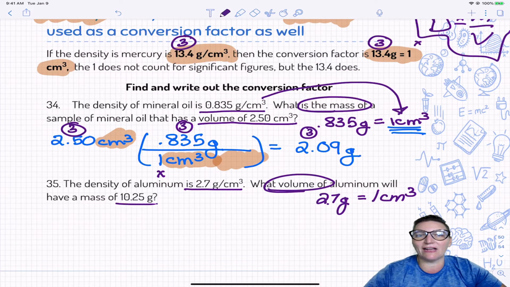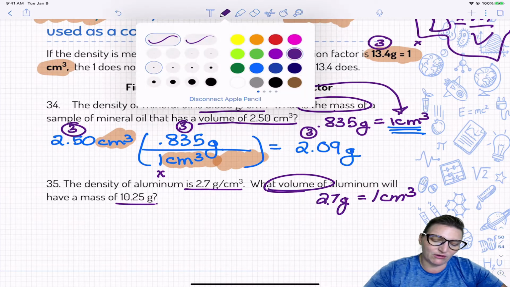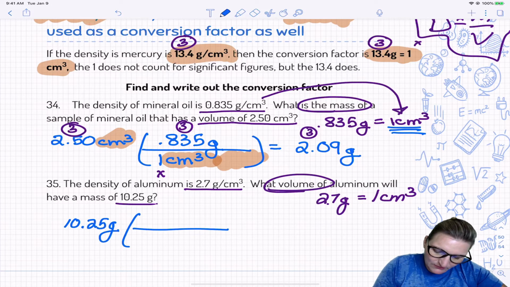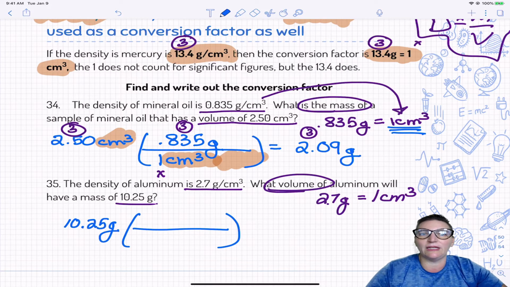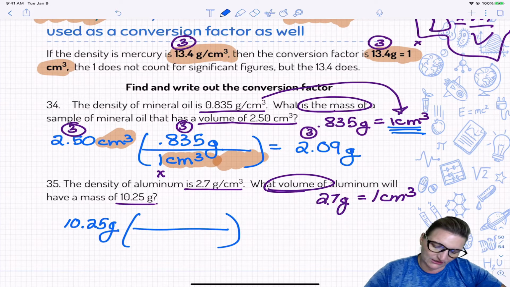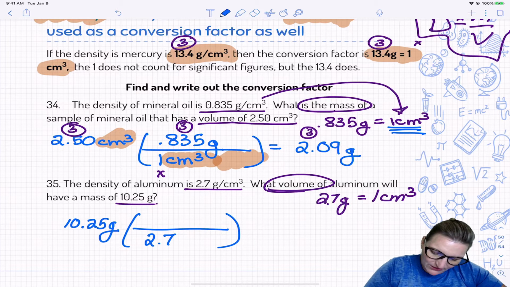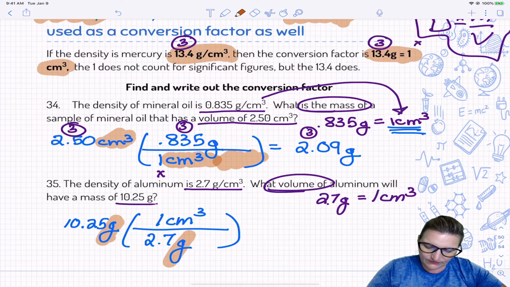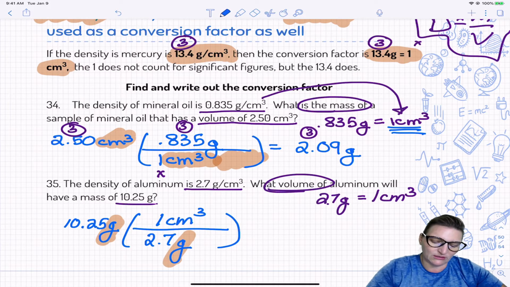So I take my fractional unit and split it out into a conversion factor that looks like my typical conversion factors. 10.25 grams goes out front. I make a parenthesis. I put my conversion factor in so that the units cancel out. So 2.7 grams is in the denominator and 1 centimeter cubed is in the numerator, right? So that those two units will be the same so that then I can cancel them.